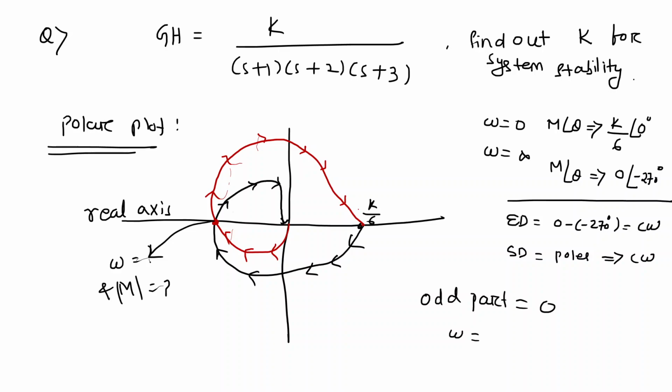It cannot be 3. Please check it once more. Solve the equation: s cubed plus 3s squared plus 2s plus 6. How much?